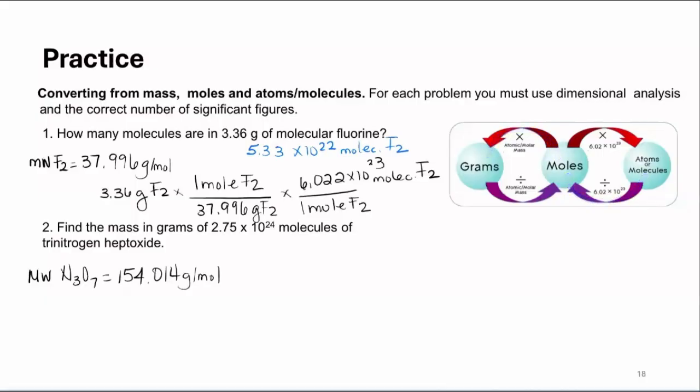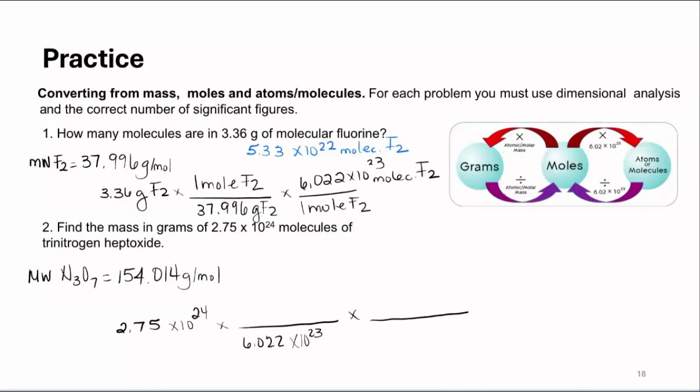So to set up this problem, this is 2.75 times 10 to the 24. So as a first step, I'm going to divide by Avogadro's number, 6.022 times 10 to the 23rd.